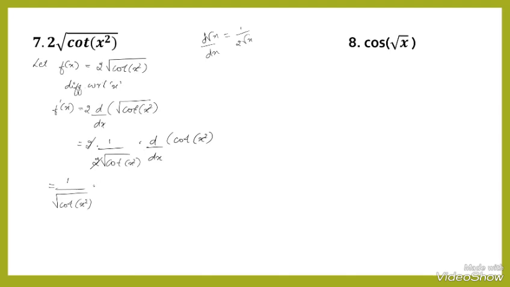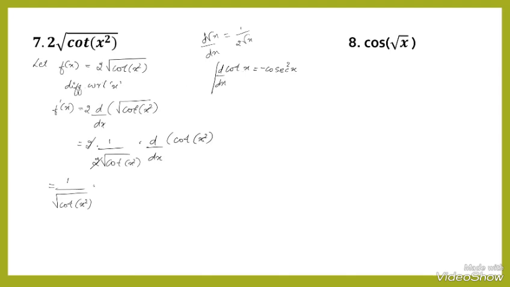Differentiation of cot function. What is the standard formula of the cot function? Differentiation of cot x will be minus cosec square x.